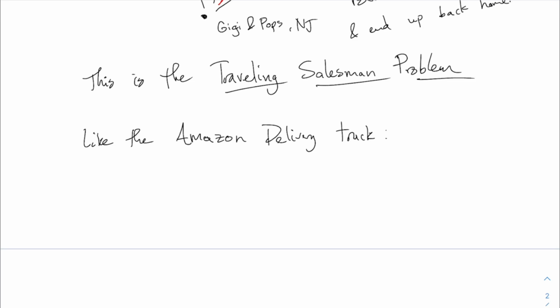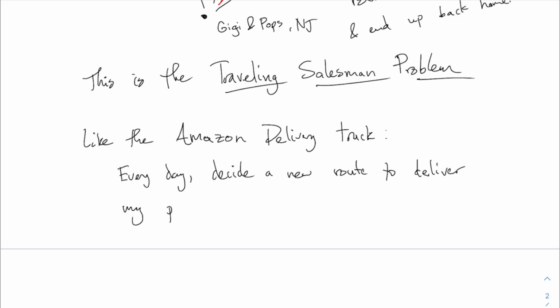The Amazon delivery truck, every day you have to decide a new route to deliver my packages. Probably what they care about is you want to do it as fast as possible. All right?